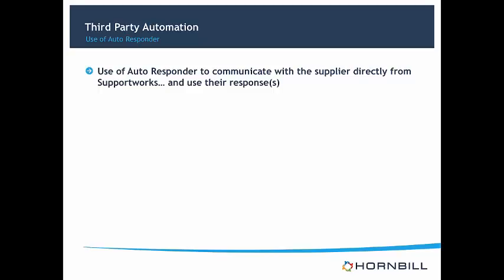Now, one of the key things with this particular function is making sure that you don't just set it up and then start firing emails to the third party. You've got to make sure that you've actually agreed the format and sort of triggering an email and allowing them to respond in a way that is actually then going to be picked up.